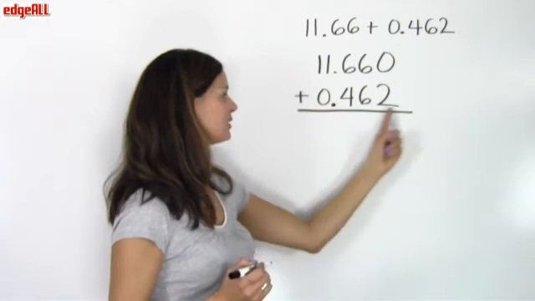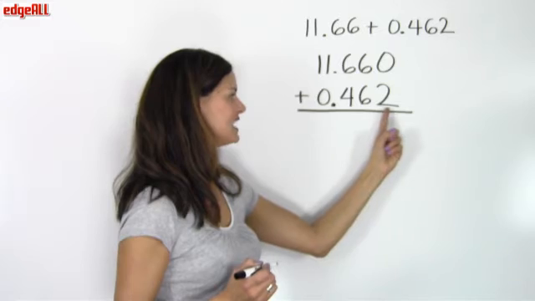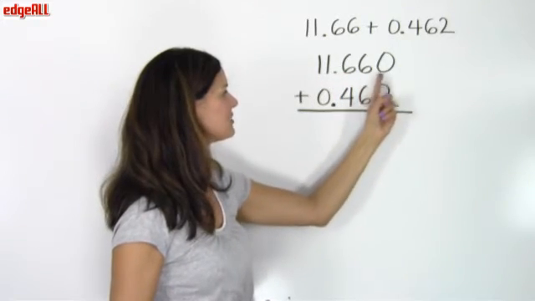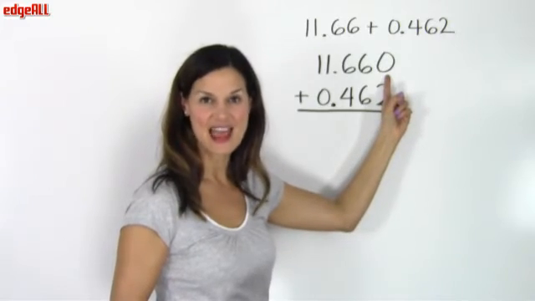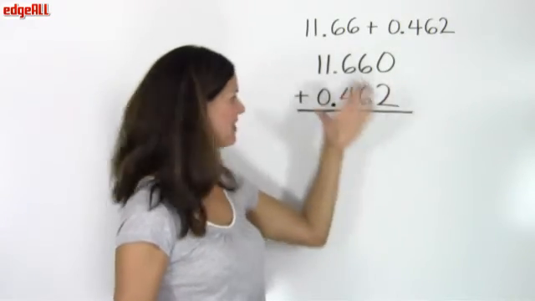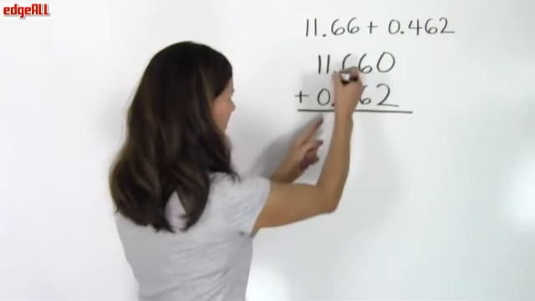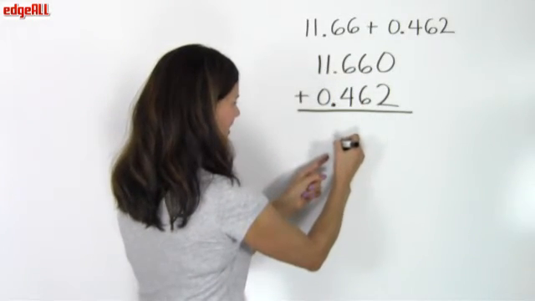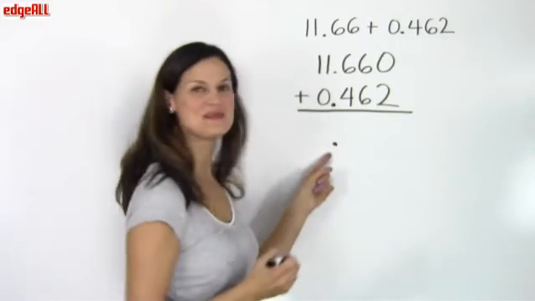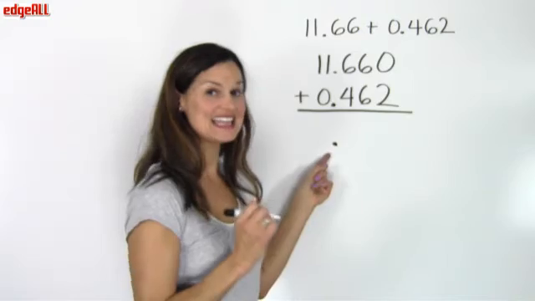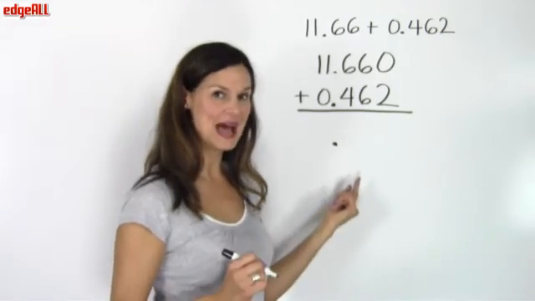And since this number here had 3 digits after the decimal point, I want to make sure my number up here also has 3 digits after the decimal point. And then once I'm all lined up, I want to take my decimal point where it's at and come down here and put it where it's going to be in my answer. And that helps me not forget to place a decimal point in my sum.